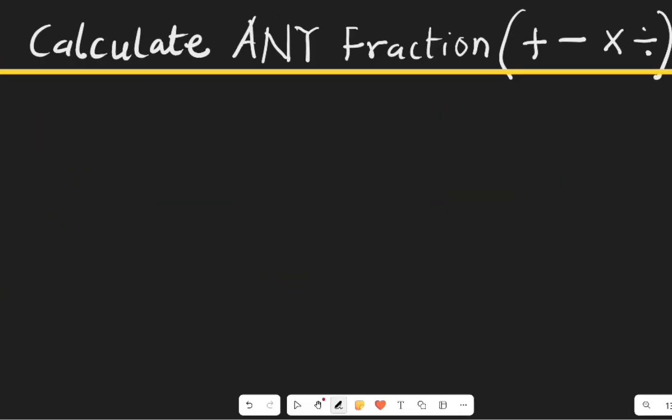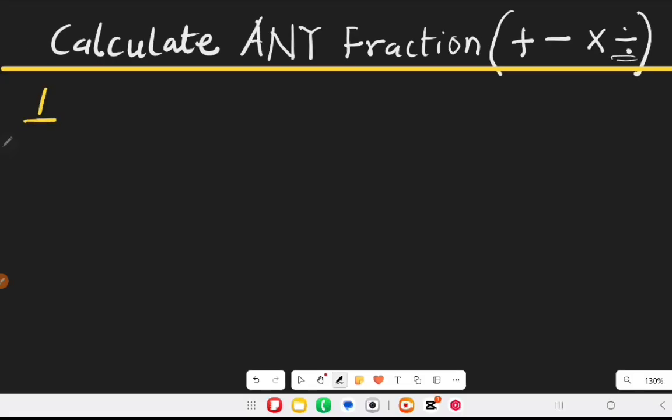To show you how to divide any fraction. In my previous video, I have done addition, subtraction, multiplication. Now take 1 over 3 divided by 1 over 5. This is unit fraction. What we do is rewrite, changing the operation, division, to multiplication.